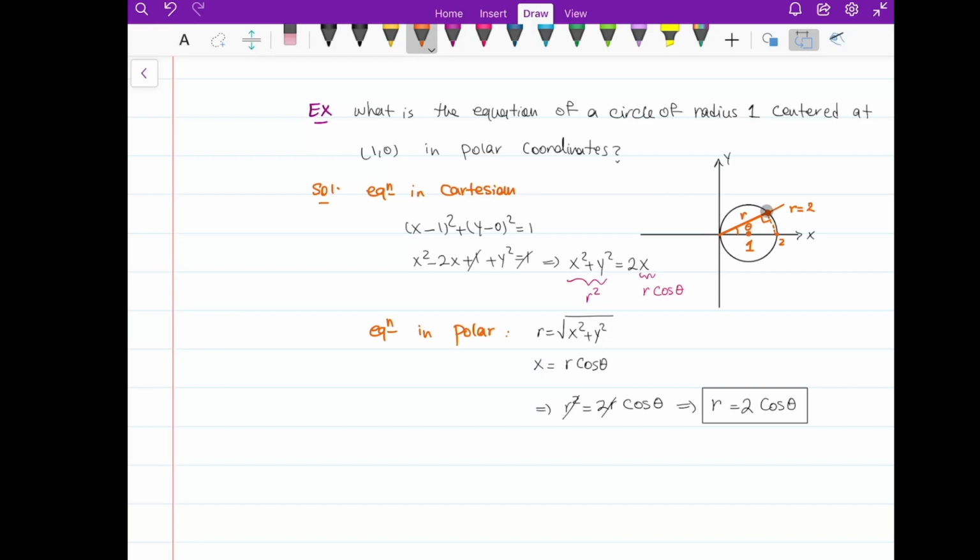Using this right triangle, r would be the hypotenuse times cosine theta. So r equals 2 cosine theta. And notice that theta here should be from negative pi over 2 to pi over 2, just to make the whole circle.